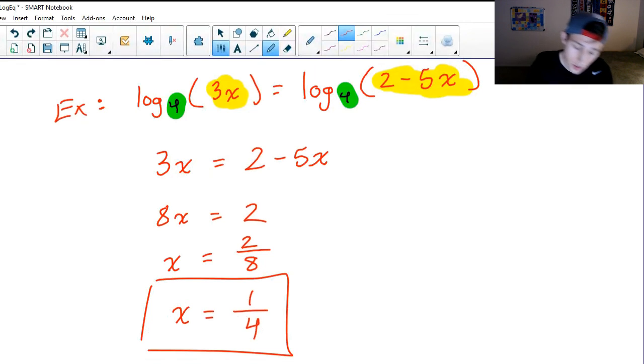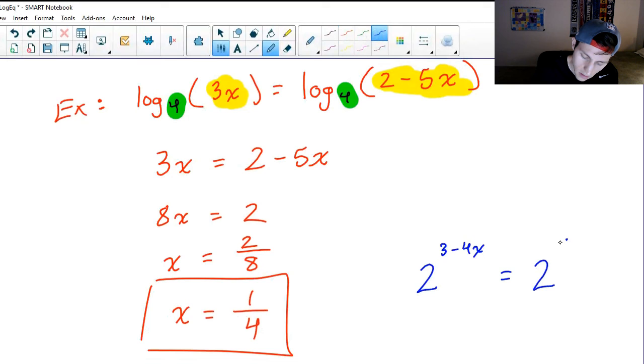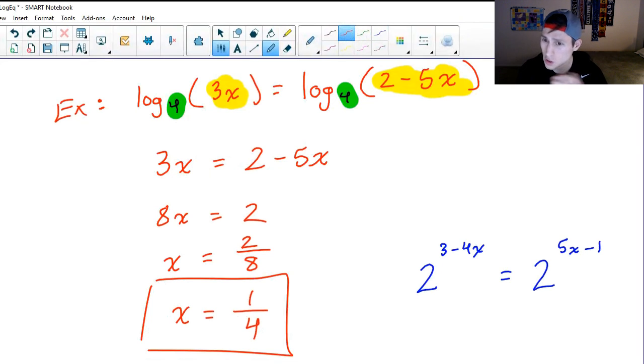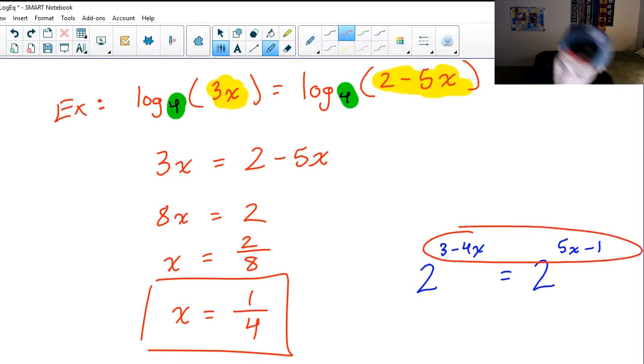Very similar to our exponential equations, where if I had something like this, we said, hey, the bases are the same. It's a 2 on both sides. Whenever that was true, we just looked at the exponents.